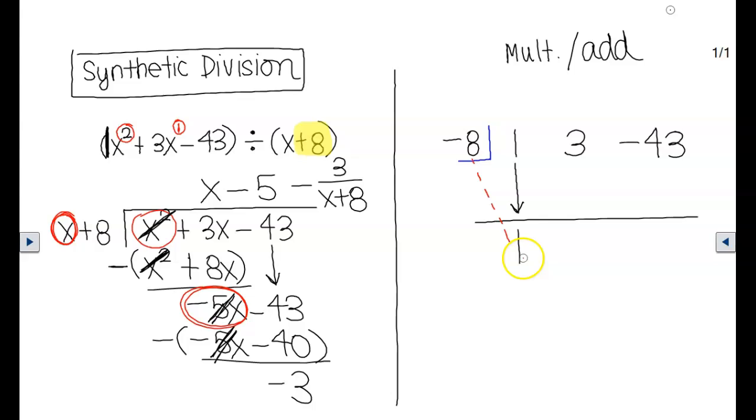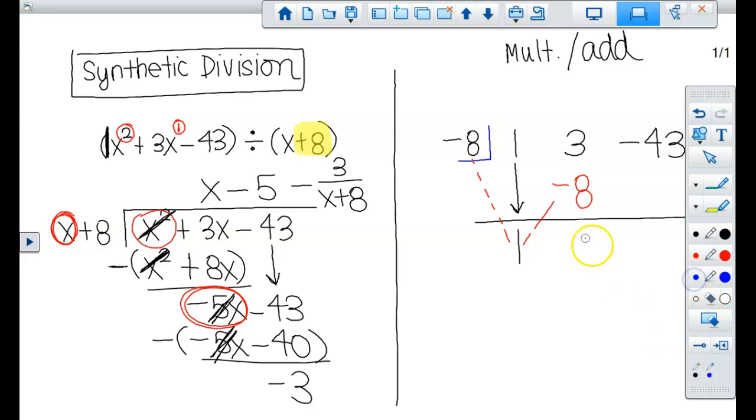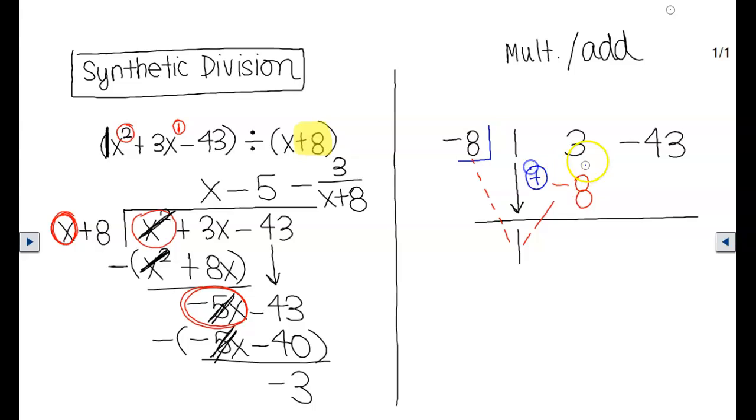Negative 8 times 1 is negative 8. I'm going to put that answer right here below my 3, underneath the next number. Now I'm going to add. 3 plus negative 8 is negative 5, so I put that number below the line.